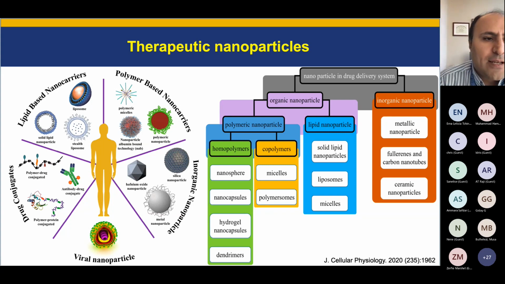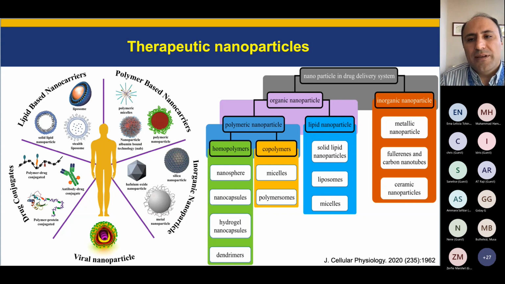Nanoparticles can be promising candidates to address this non-selectivity, and I'm sure you know much better than I do how many types of nanoparticle we can make at this time, like lipid-based nanocarriers, polymer-based nanoparticles, and viral nanoparticles.